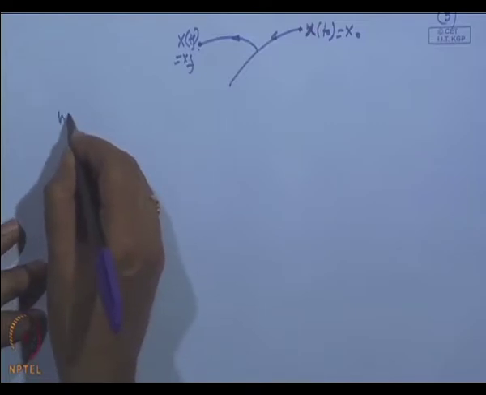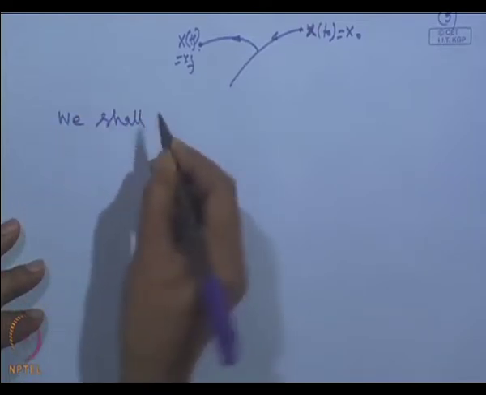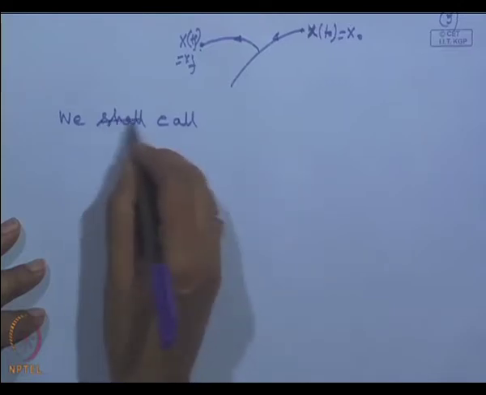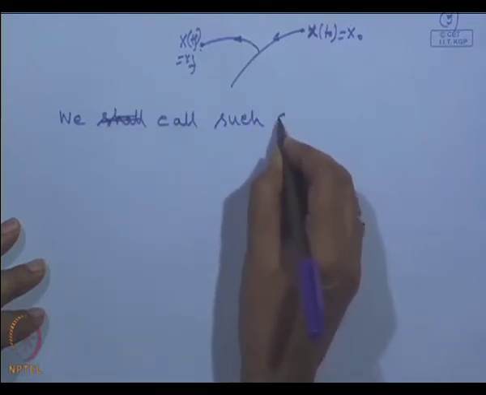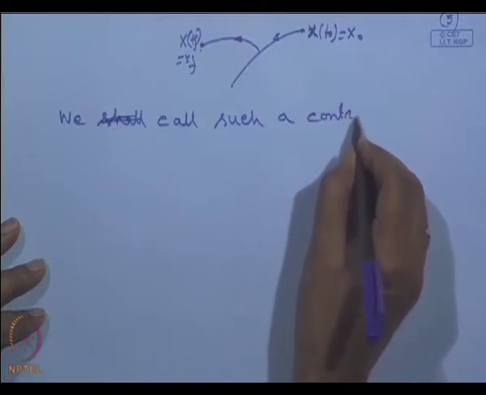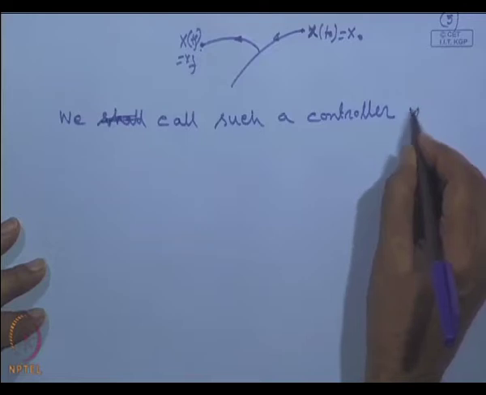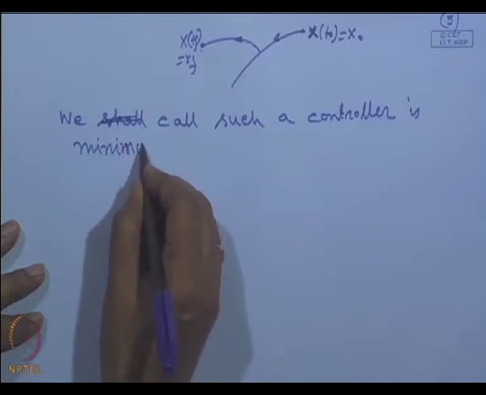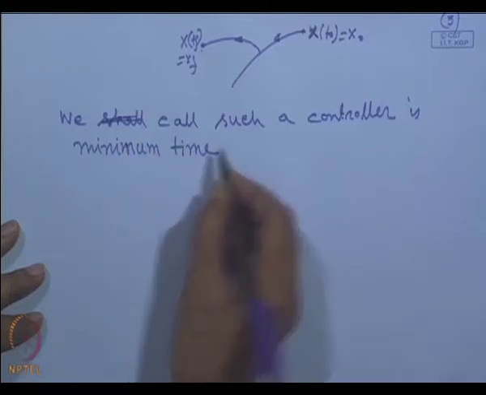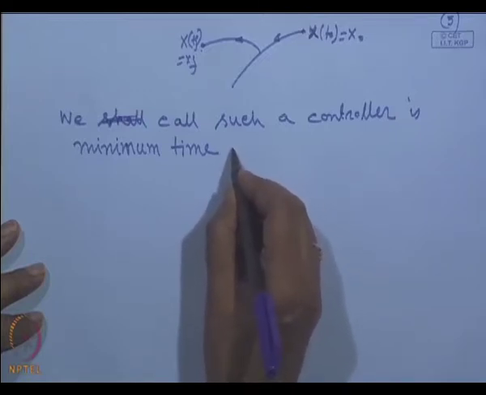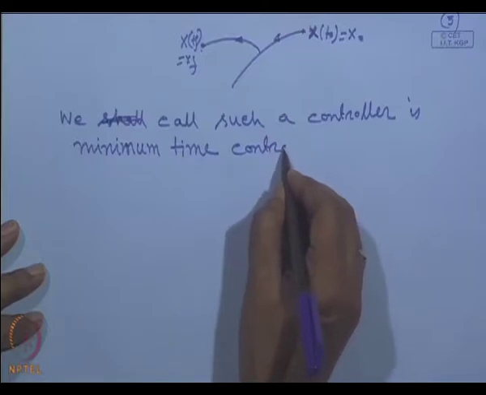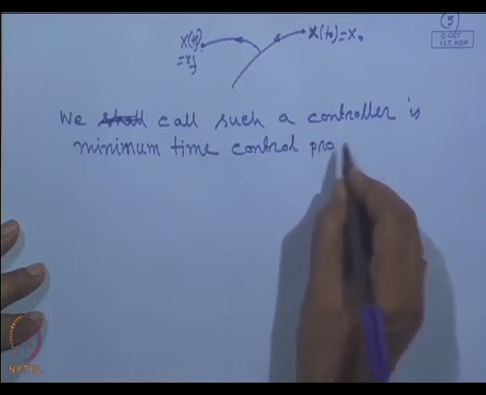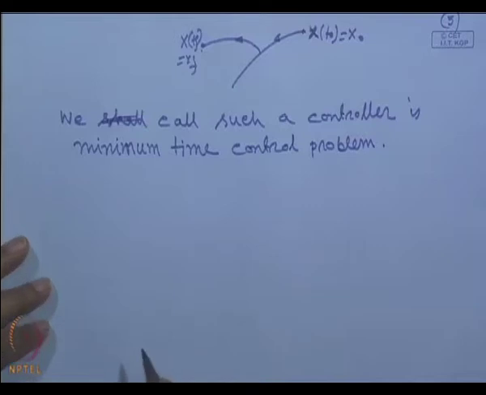So, we shall call such a controller the minimum time control problem. Agree?